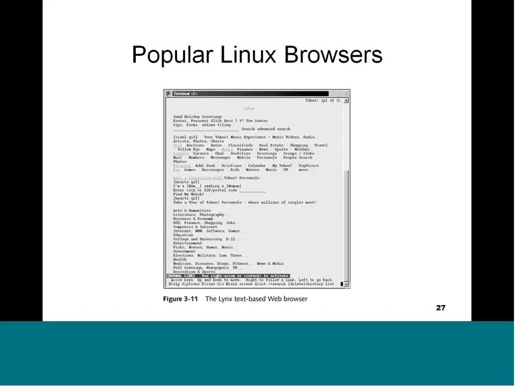A good thing about these text browsers is, first of all, they are fairly easy to bring up. Secondly, text browsers are much faster than the graphics-based ones. But nowadays the processor speeds are so high that you don't see any difference.